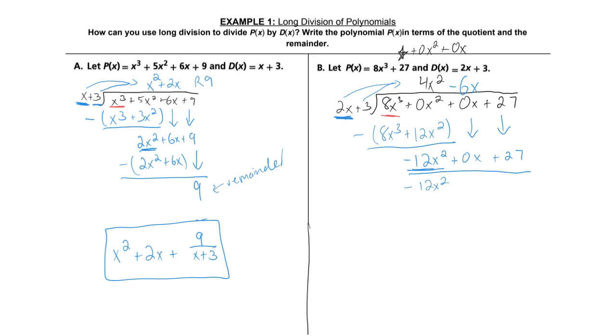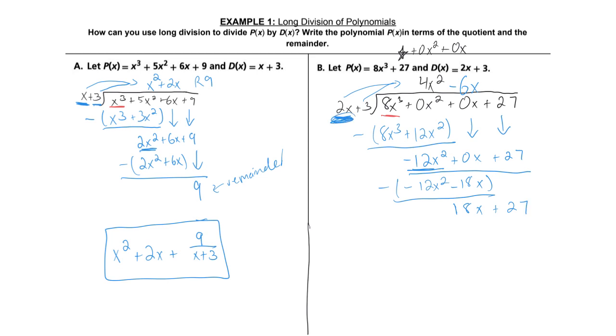And then 3 times negative 6x is negative 18x. Then we subtract them. We get 0, and then we get positive 18x, because it's minus a negative, which becomes positive, plus 27.